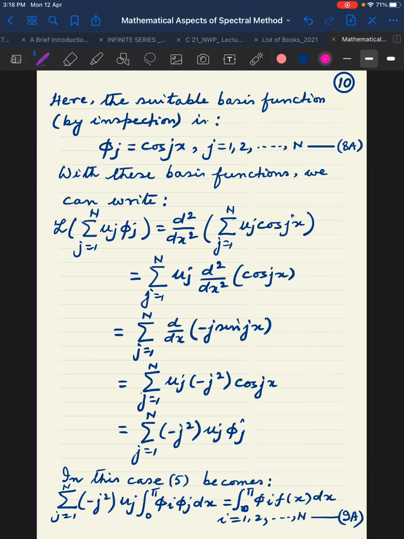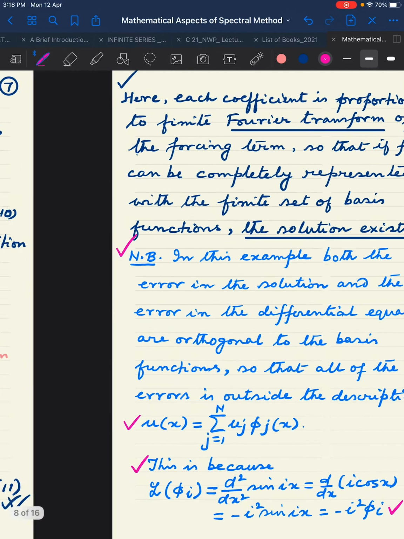With these basis functions we proceed as usual, so that we get L of summation j equals 1 to n u_j phi_j as summation j equals 1 to n minus j squared u_j phi_j. Now, don't forget, our original equation that we have to solve is actually equation 5. So let me remind you of equation 5 again.